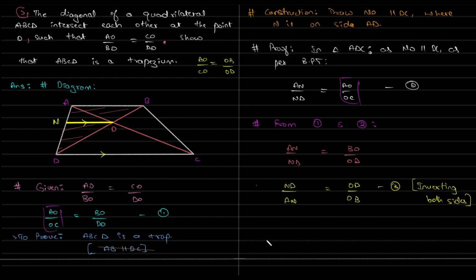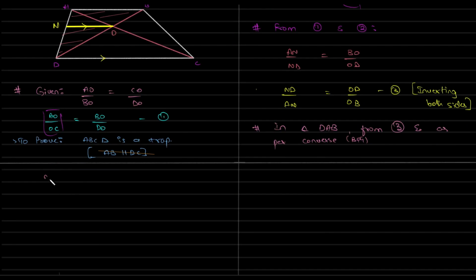So the next step is in triangle DAB, from equation 3, and as per the converse of BPT, NO is parallel to AB.